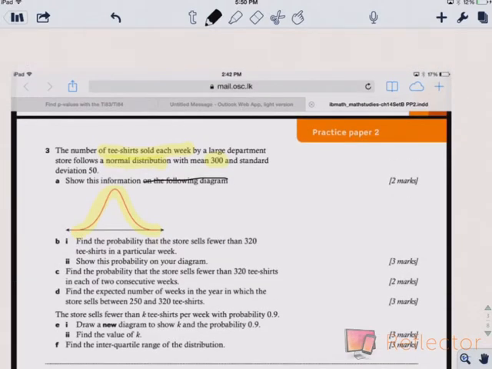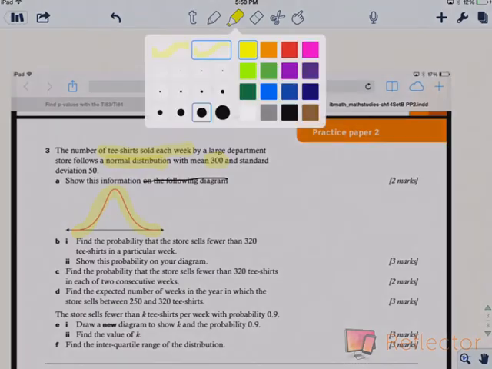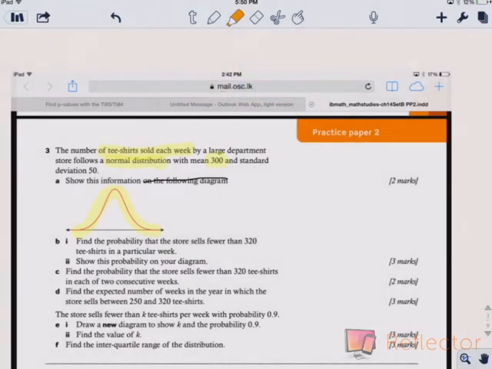Part B asks us to find the probability that the store sells fewer than 320 t-shirts in a particular week. And part 2 of this question says show this probability on your diagram. So I'm going to deal with part 2 first, so we can take a look at the diagram and help us make some sense of part 1.